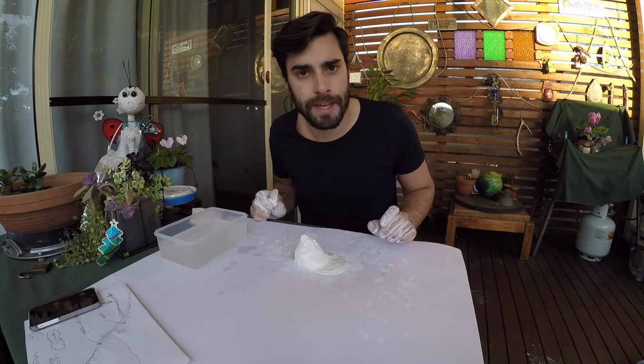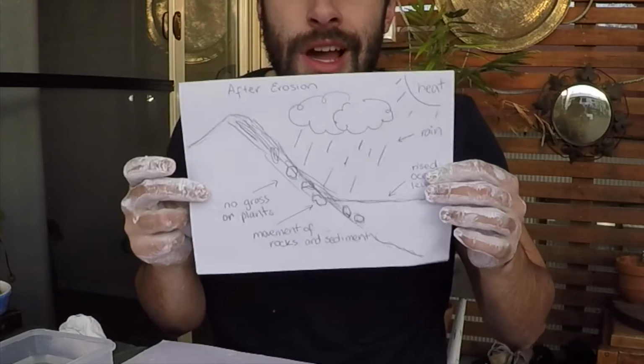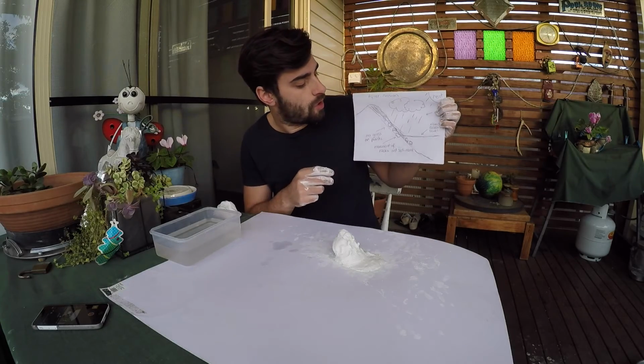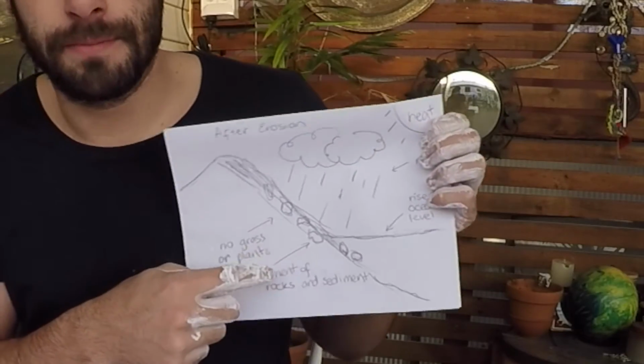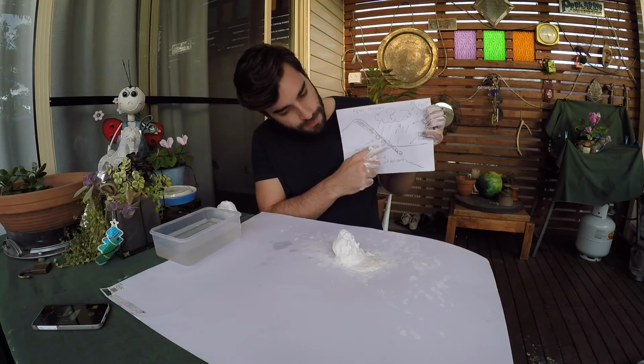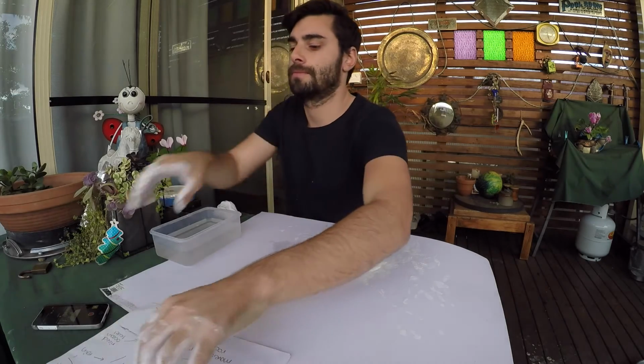That's my before. So now I'm going to show you the after erosion model using the clay. So I've got the movement of sediment and the movement of rocks, and that part of my hillside has been weathered away, so erosion's happened.